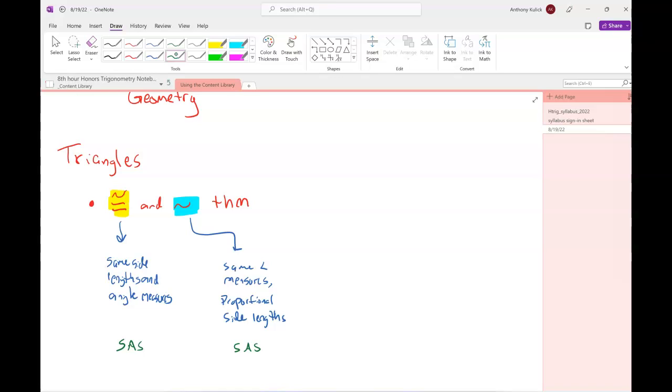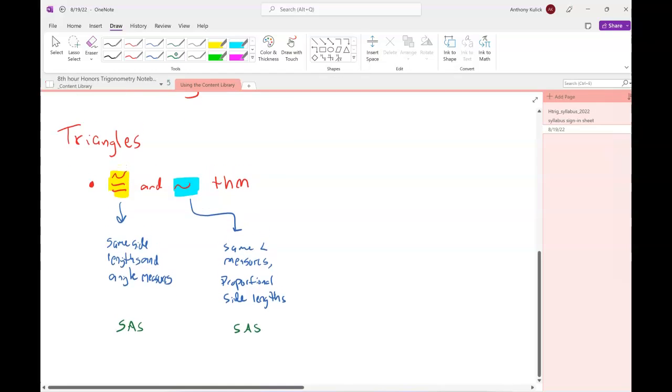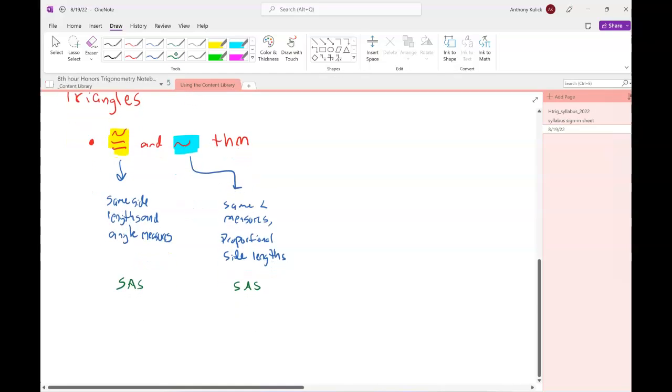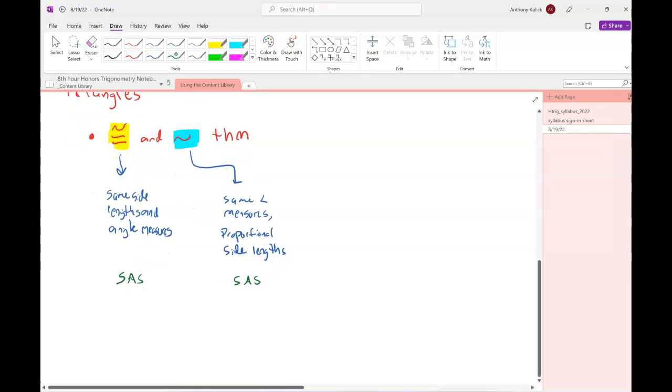Keep in mind, though, for congruence, you have to show the sides are congruent, and for similarity, you have to show they're proportional, but it's still the same name. Okay. Were there any other theorems here? Yes, sir. Are we trying to find one that works for both? Either is fine.